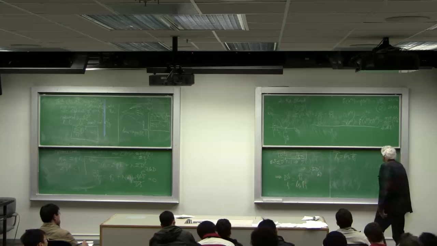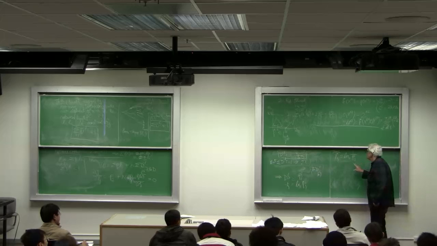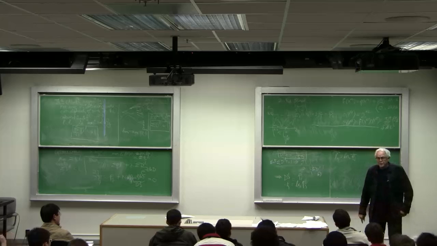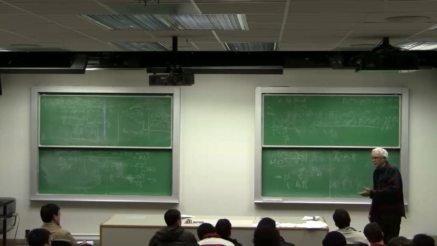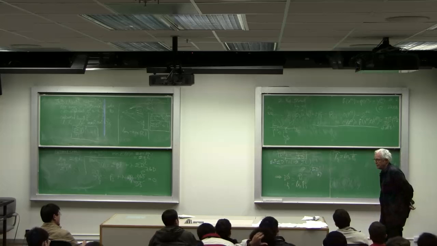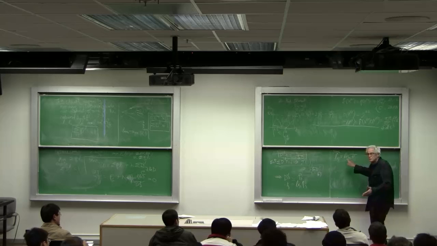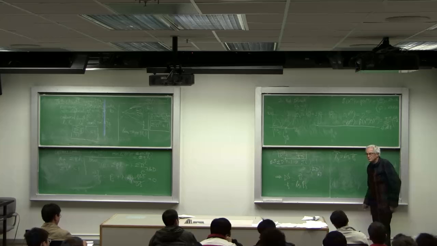So, great. This is it. These are the code word lengths that satisfy Kraft's inequality and minimize the expected description length. Now there is a problem. These aren't integers. We'll fix that.